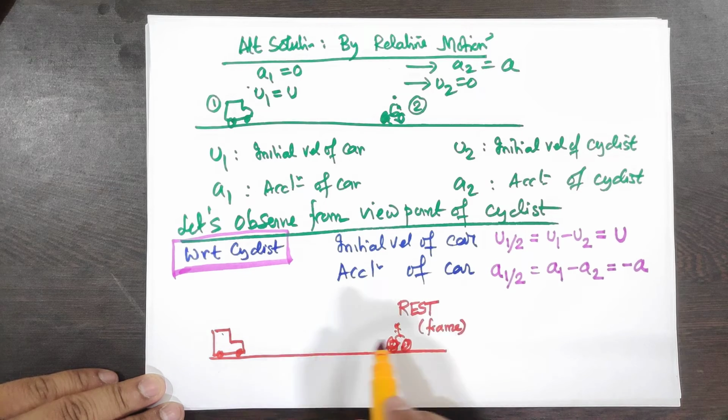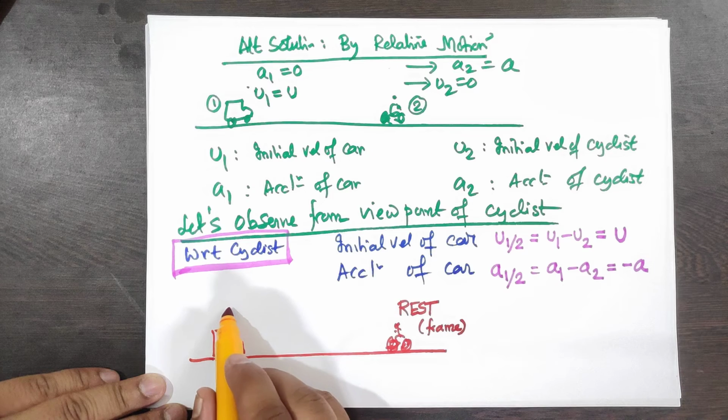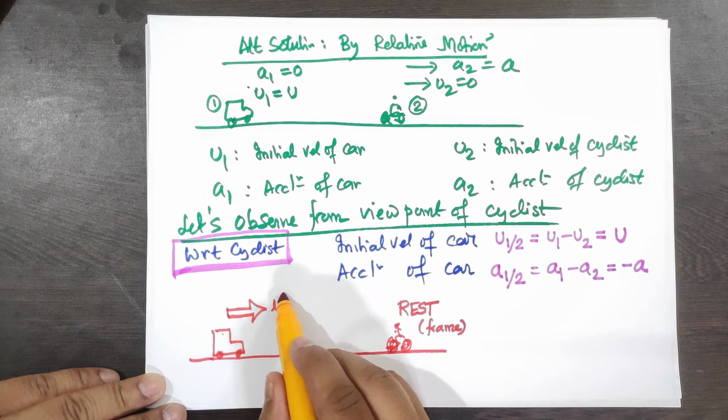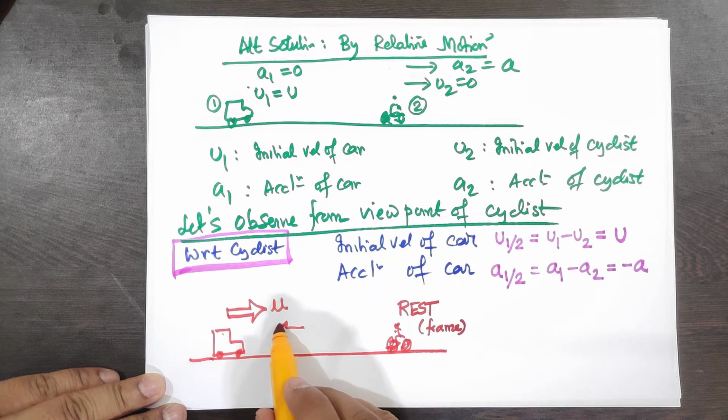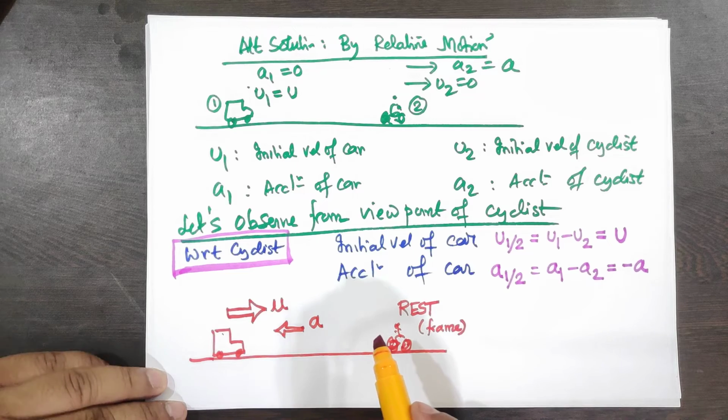We have chosen the positive direction along the right. So with respect to the cyclist, the car starts with a velocity u and having an acceleration a towards the left.